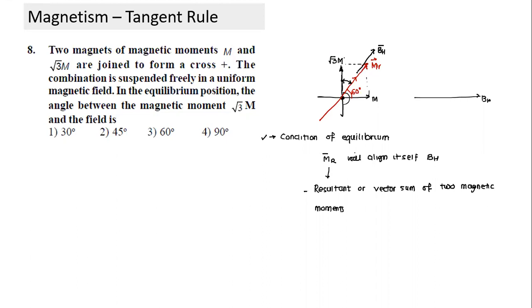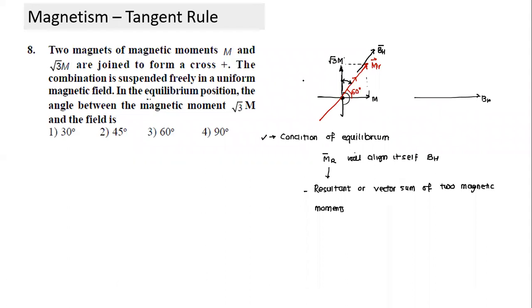Yes, Vignesh? Sir, will there be some sort of strain or oscillation here, because both of them will also individually try to rotate? Good question. Let me explain that part also.